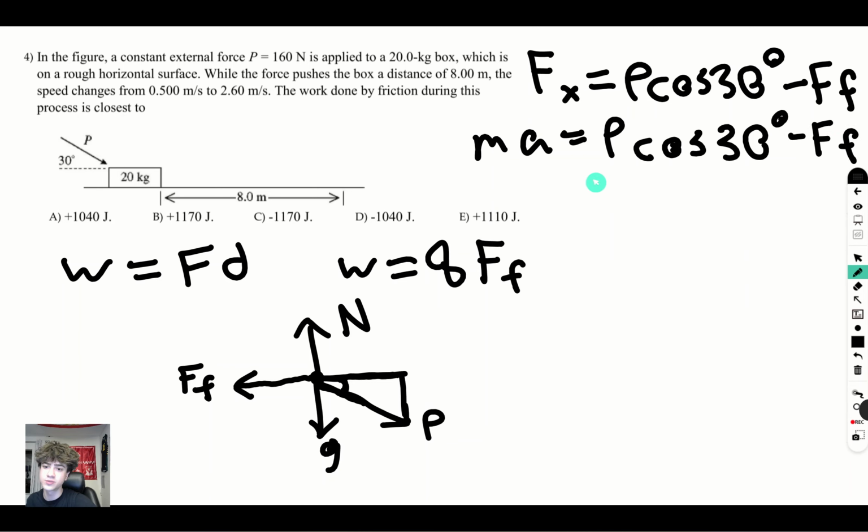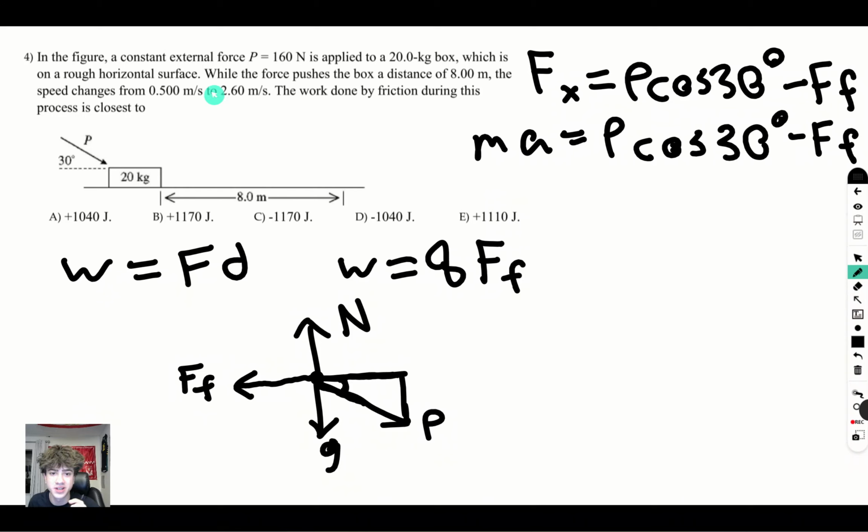And from here, since we don't know our frictional force, what we're going to have to do is solve for acceleration, so we only have one variable. Taking a look at the prompt, it gives us an initial velocity and a final velocity.